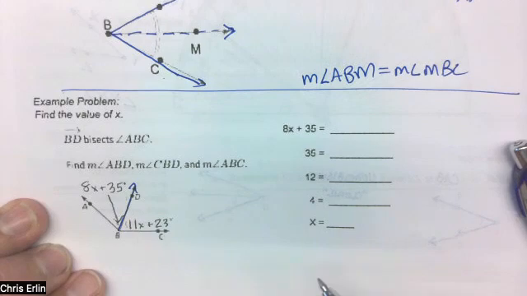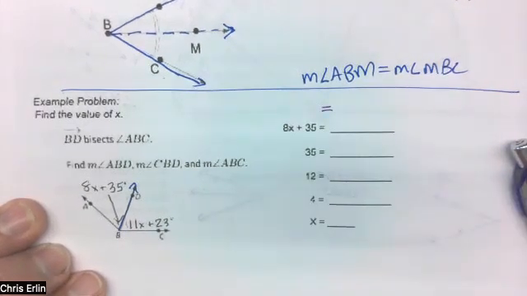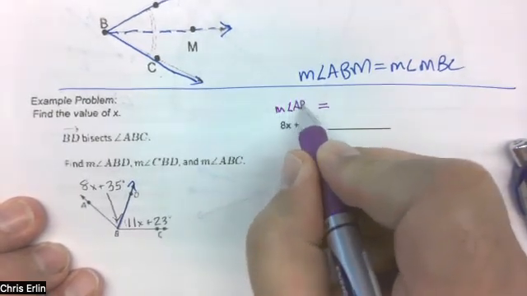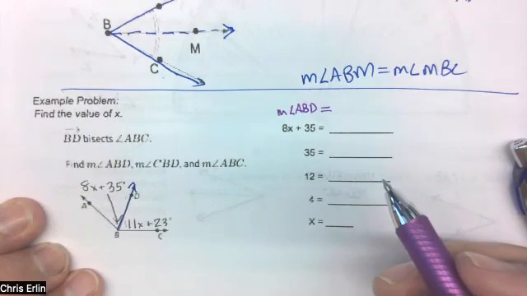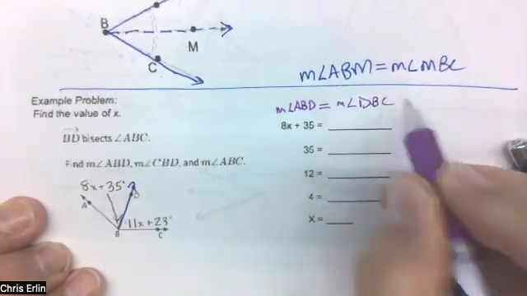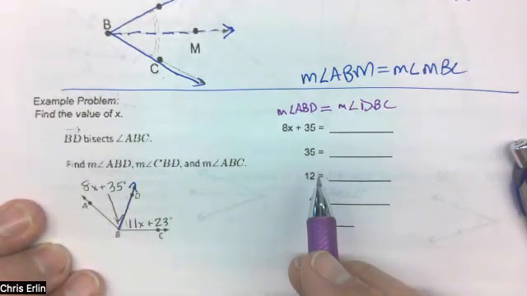Be bold. Going to be an equal sign in it. Measure of angle ABD equals measure of angle DBC. Beautiful. We know that's true because they told us it's a bisector.